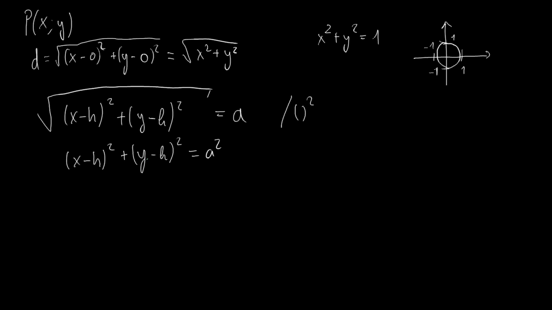And the equation (x minus h) squared plus (y minus k) squared equals a squared is the equation of the circle that looks like this.